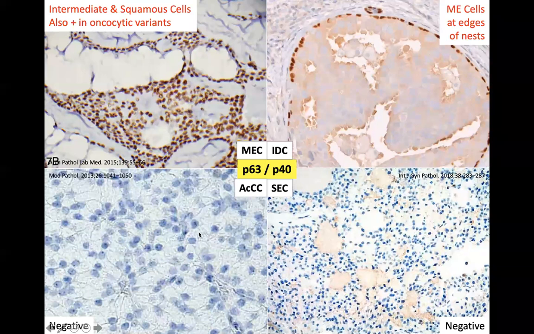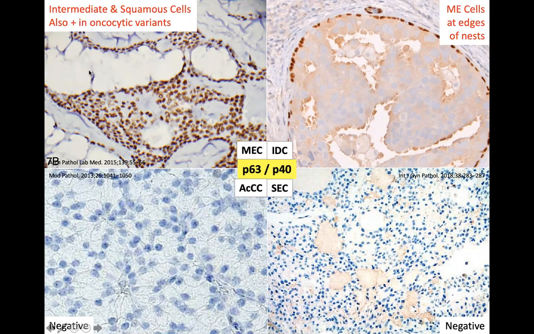Sure. So in using our P63 and P40, we are able to determine that mucoep is usually positive in the vast majority of the cells. Both the intermediate as well as the squamoid cells are positive for P63, P40. So that's the majority of cell types in mucoep. Mucinous cells are usually scattered in between.